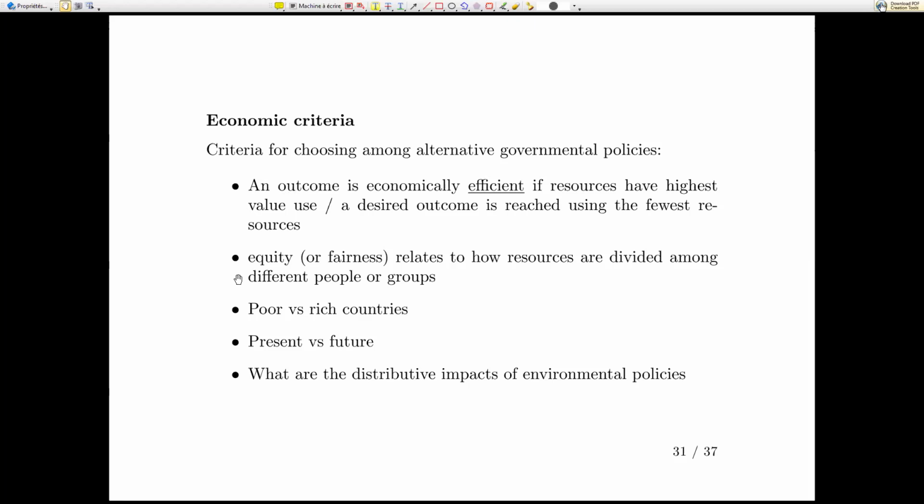As I said previously, in the environment there's a question of polluters, mostly rich or advanced countries, versus very poor countries, or future versus present generations. So this is a criterion that we can introduce, but at least this one should. So this one is priority.